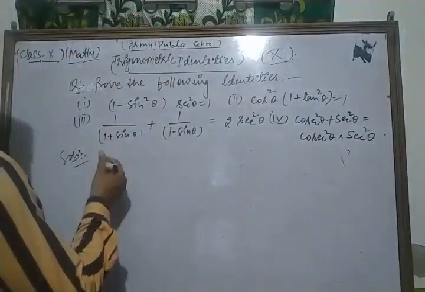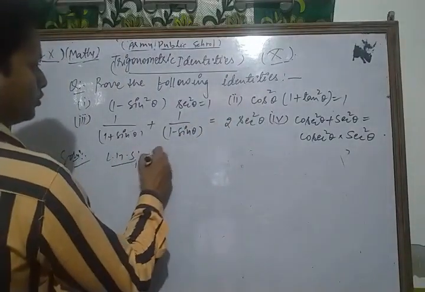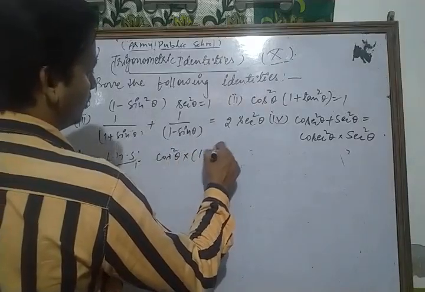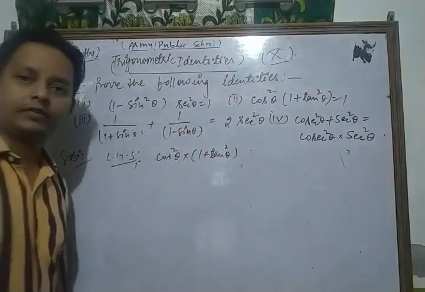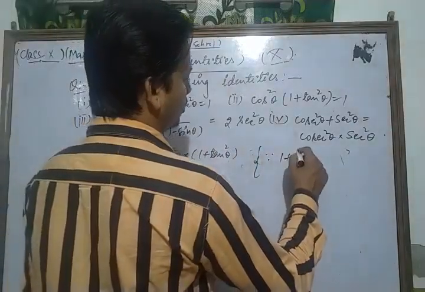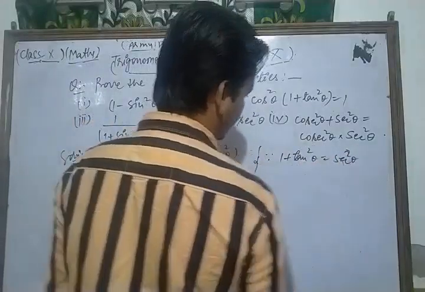Your second question: we take the LHS, left hand side, and we prove it is equal to 1. So this is cos square theta into (1 plus tan square theta). You know that 1 plus tan square theta is equal to sec square theta.